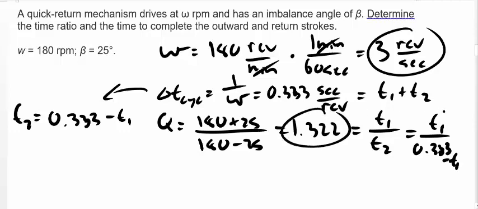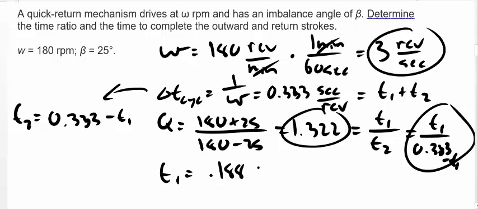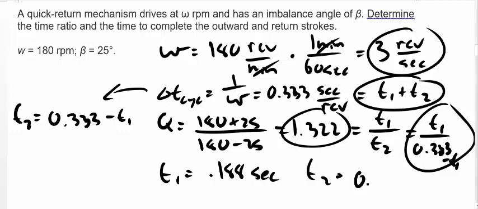Right, so with the 1.322 and the T1 over 0.333 minus T1, you could solve for T1, and T1 turns out to be 0.188 seconds. And you could just plug it right into here and solve for T2, which is equal to 0.142 seconds. Let me do the algebra.